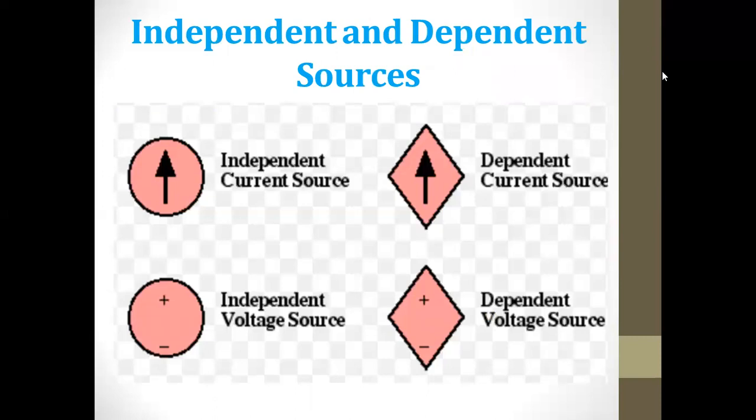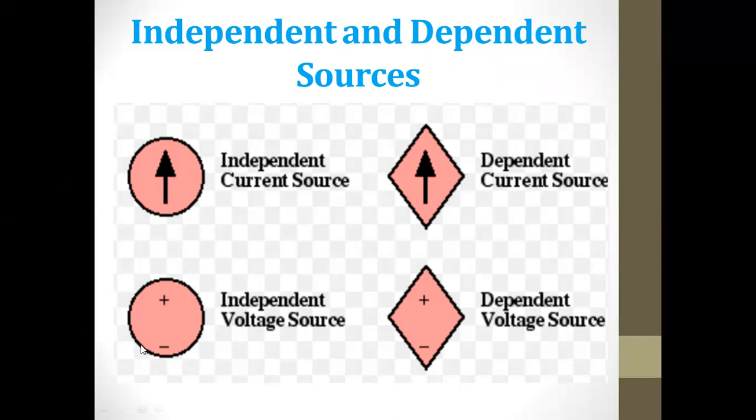Independent sources means the value of that particular source will be fixed. This is the independent current source. It means that the value of the current in this current source will be fixed. If I say the current source value here is 2 amperes, it will be 2 amperes only.